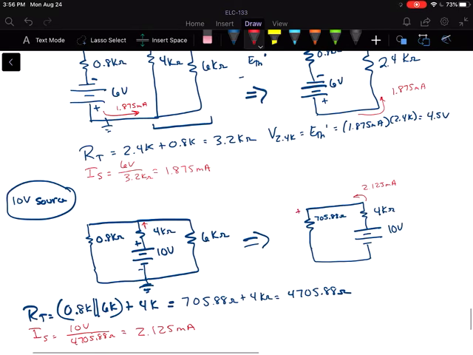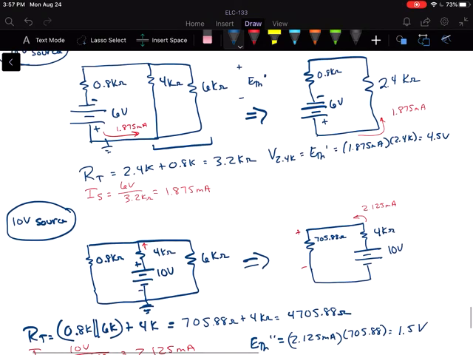So the voltage drop right here would actually be the E Thevenin prime that we're looking for, or E Thevenin double prime in this case. So it would be the 2.125 times the 705.88. Or about 1.5 volts. And that is in the opposite direction.